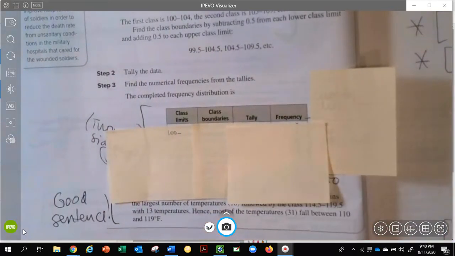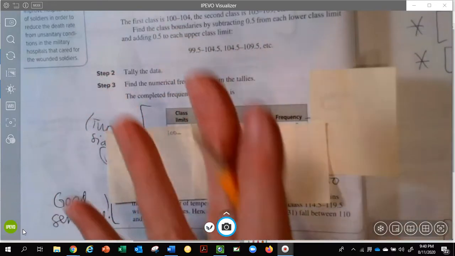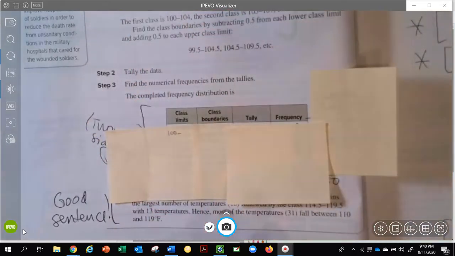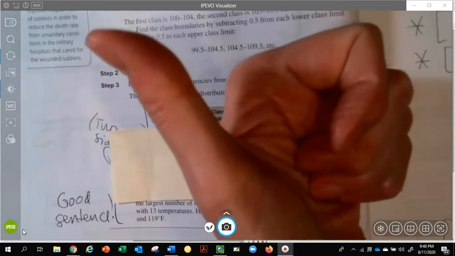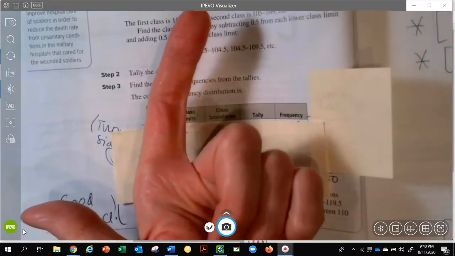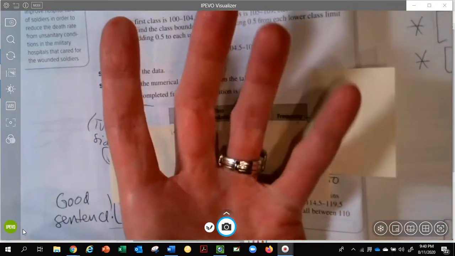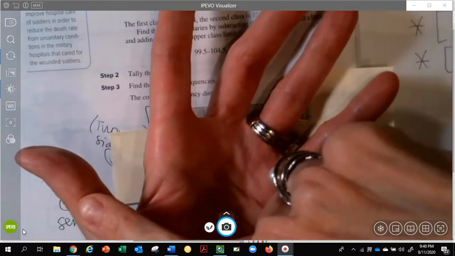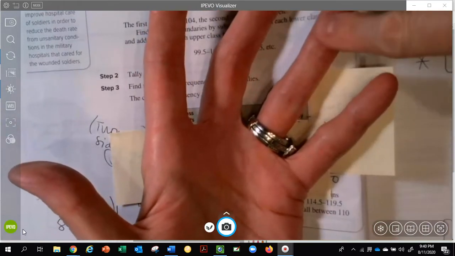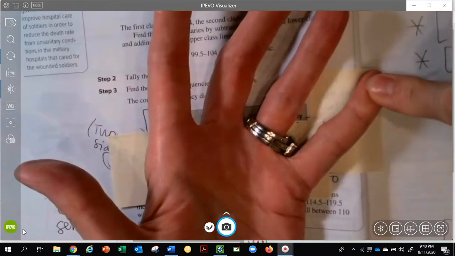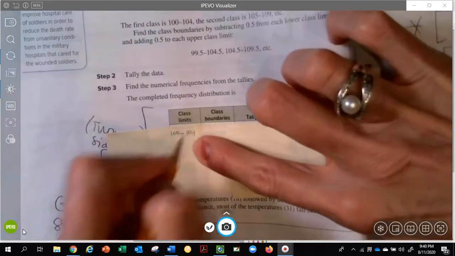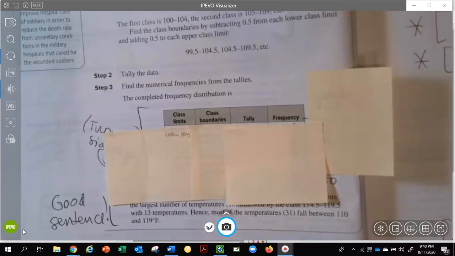The thing that I wanted to say is with a width of 5, I don't write down 105. I like to use my fingers. If I'm at 100, I'm going to go 100, 101, 102, 103, 104. Do you see how I've used 5 values? So my width is going to be a 100 to a 104.